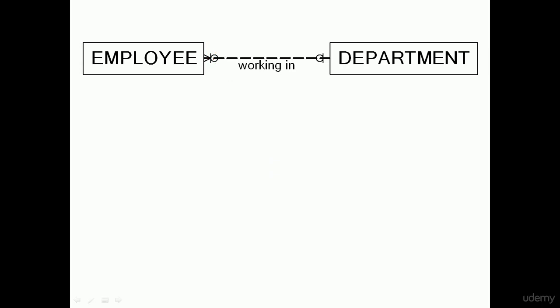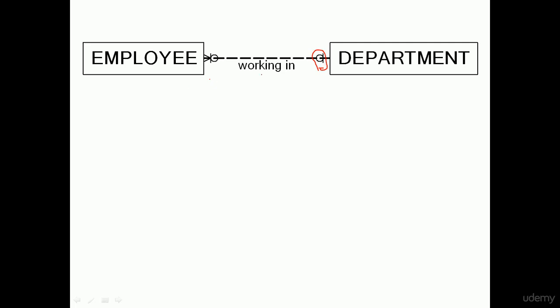See, in this diagram we have an additional symbol added here. How can we read this? From left to right, each employee may be working in one department, because here minimum cardinality is 0 and maximum cardinality is 1. So it can be 0 or 1 department.